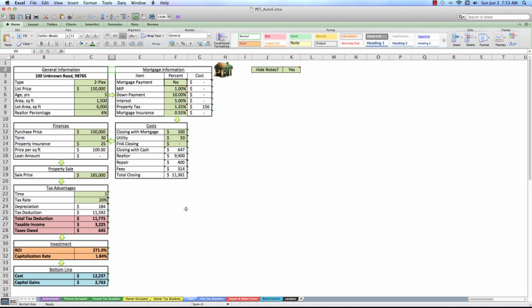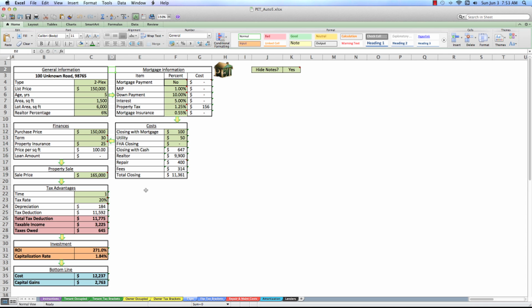Okay, so with that said, I'm going to go ahead and run a case here on the Flips tab, so you can see some of the differences between the other tabs we've looked at before and how the Flips tab operates to calculate what your capital gains will be and various other factors to help you become profitable.